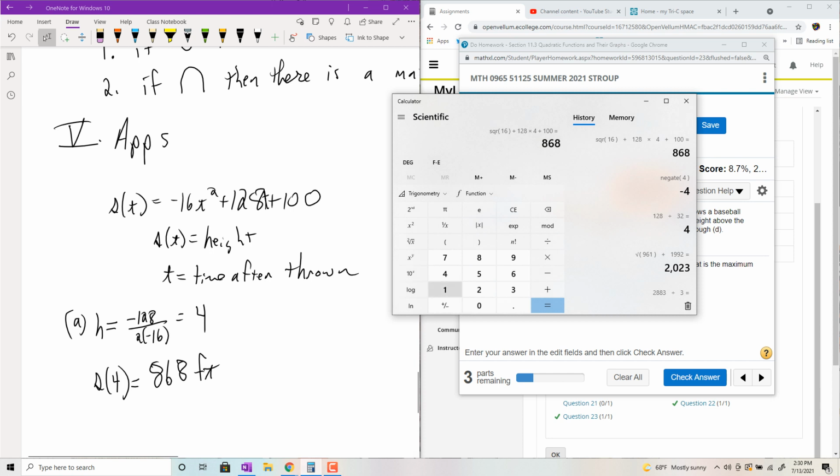No, it should be negative 16 squared. It was being helpful, and it ruined my answer. Okay, so plus 128 times 16 plus 100. Sorry about that. So it looks like 1892.